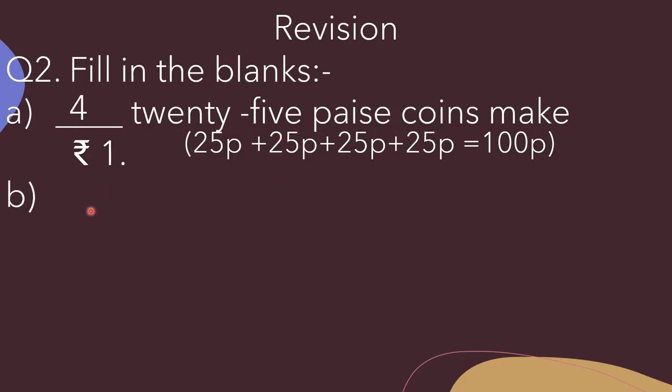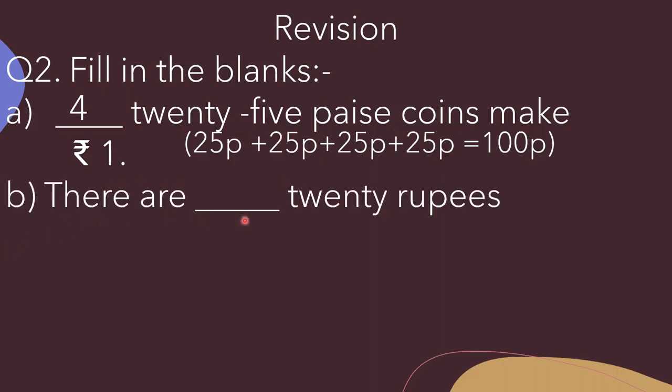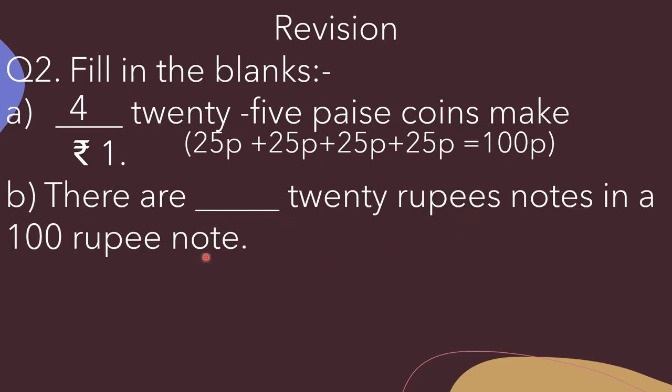Understood? Now in B part, there are dash 20 rupees notes in a 100 rupee note. कि बेटा 20 rupees के हम कितने notes collect करें कि उससे हमें 100 rupee का note मिल जाए. Okay, so here again we need to add 20.